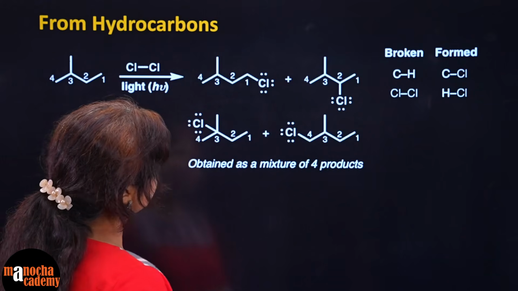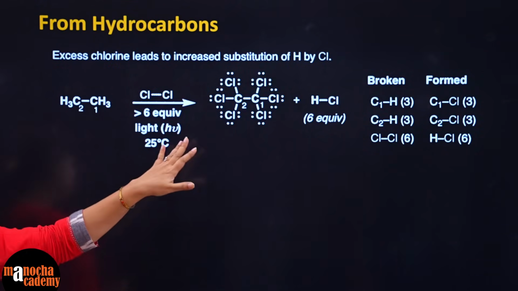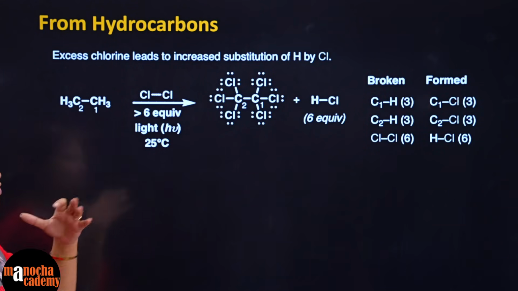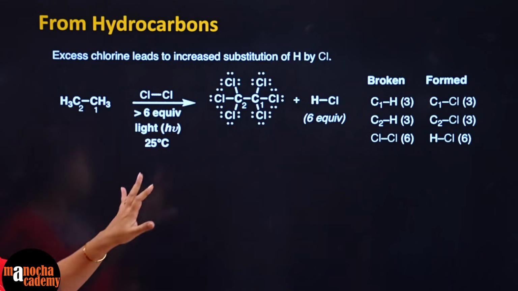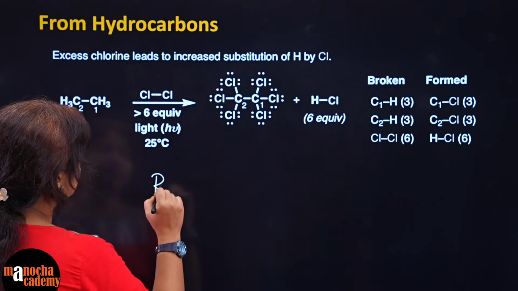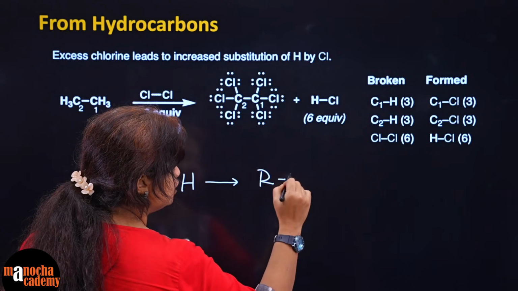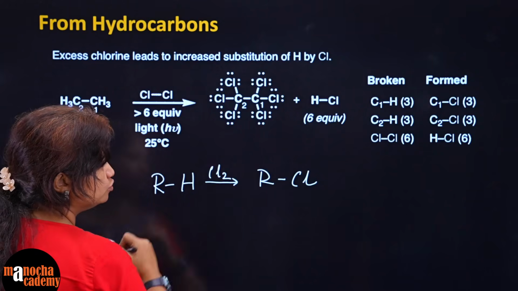Okay, next, this one is when you add in excess. When you are adding excess, all the hydrogens will be replaced, so accordingly you are getting hexahalo compounds. How many Cl2 do you need? If you are having only one Cl, monohalo, you need 1 mole of Cl2.